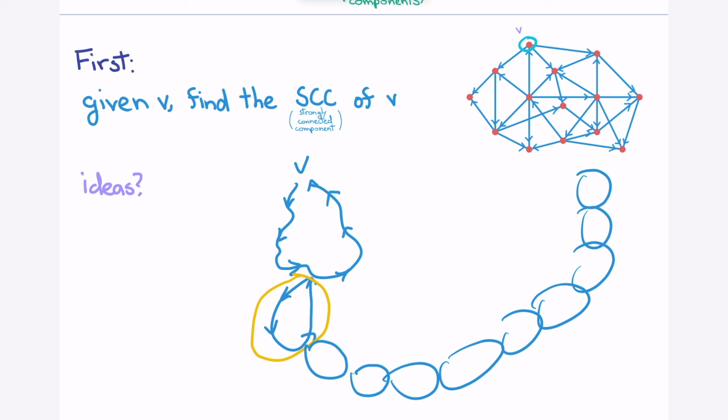Can't I run another DFS to get that one, that one, that one? Sure, but now you're running a bunch of DFSs. Maybe these are all like 3 nodes each, so now there are n over 3 cycles. Now you're running n DFSs. And that's only one counterexample I came up with. We still haven't found something that clearly works. It may work. It's not clearly wrong, but it's not clearly working.